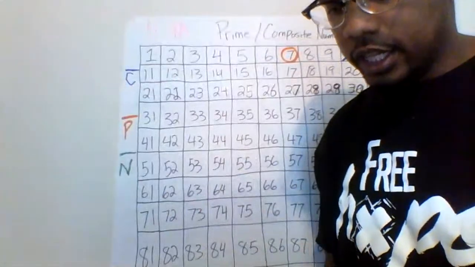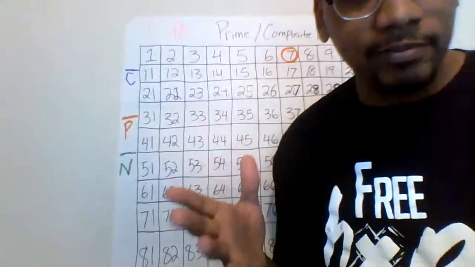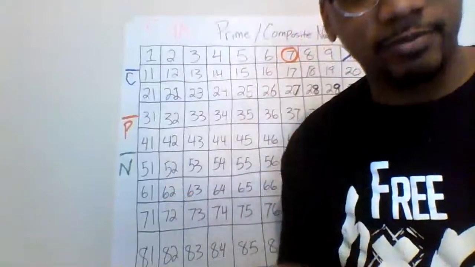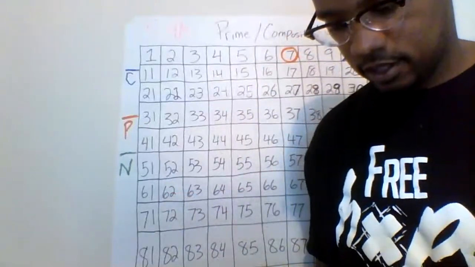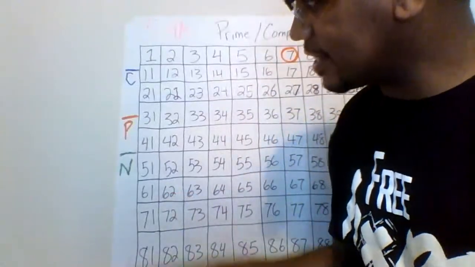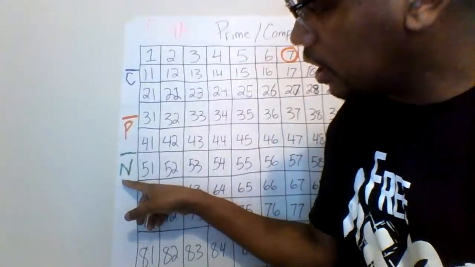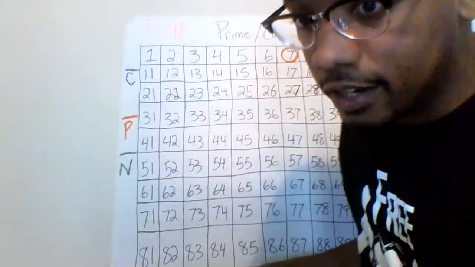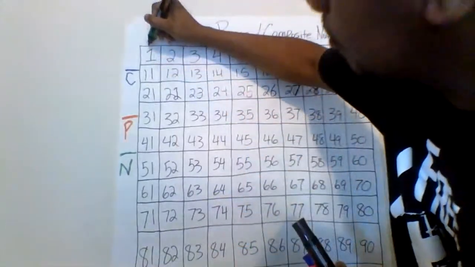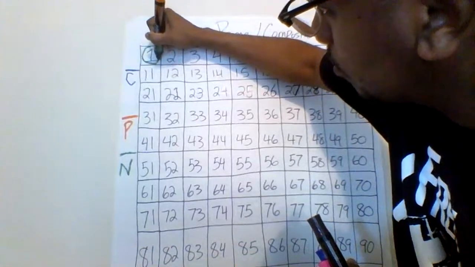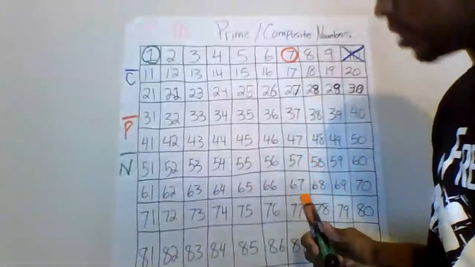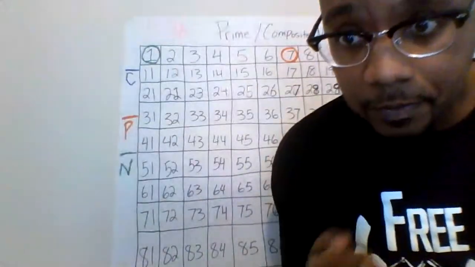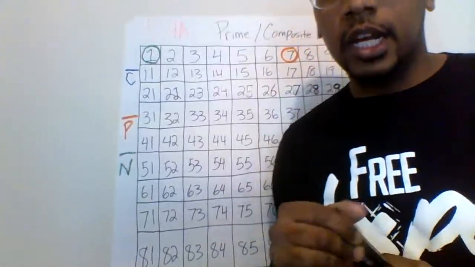The only thing you can multiply to get 1 is 1 times 1. That's it. So because it's neither, I'm going to circle 1 in the color green. Green means neither.